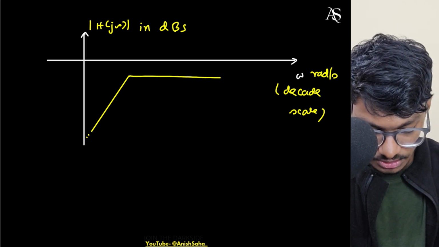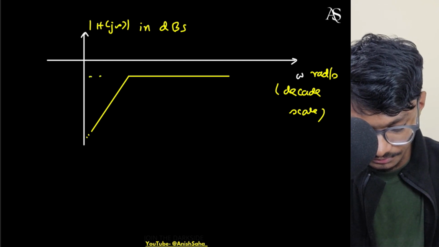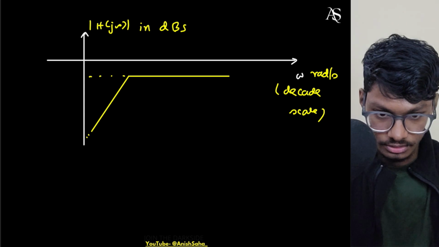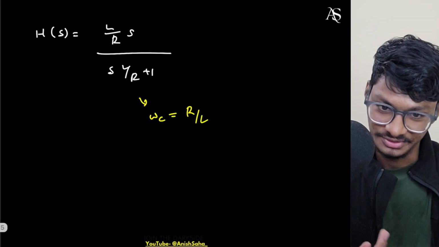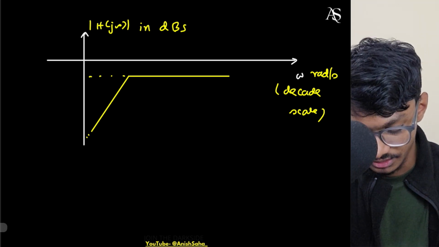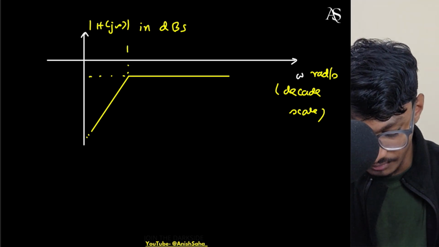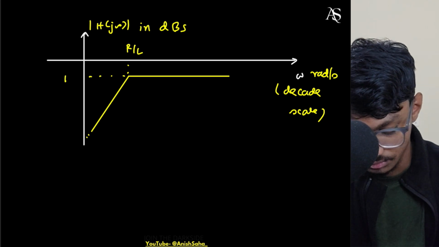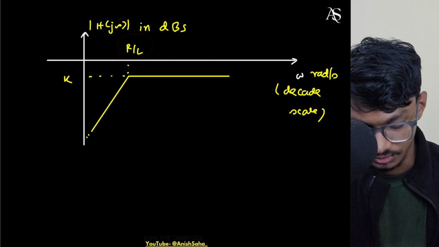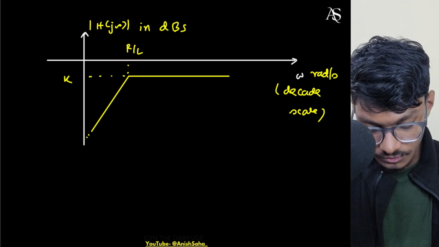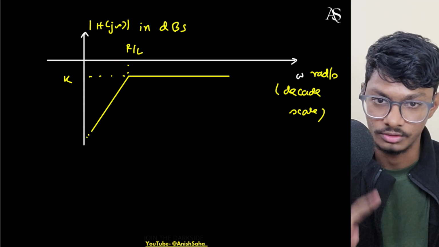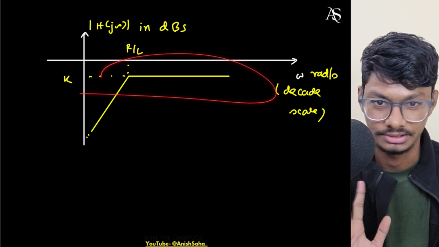And what will be the gain over here? You can derive whatever the gain is for yourself, this will be R by L, and this will be some gain k. Just put the value of R by L here and you'll see whatever the gain is. So this is how we plot the Bode gain plot for this particular circuit. Very simple, nothing fancy here.